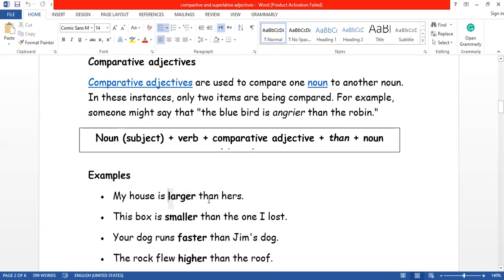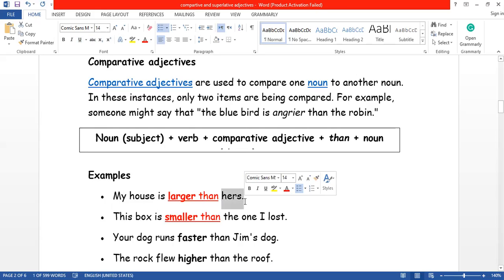So larger than here is the comparative adjective. We add er at the end of it: larger, smaller. This box is smaller than the one I lost. So we are comparing between two things, two nouns. My house is a noun.